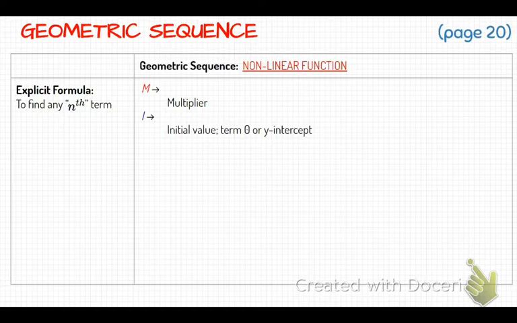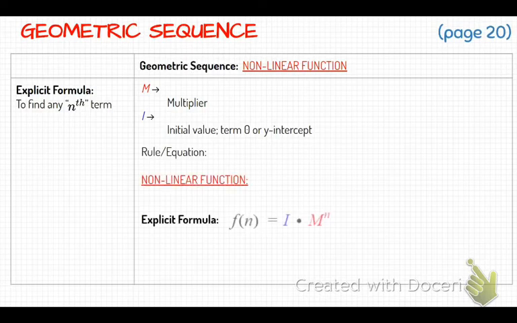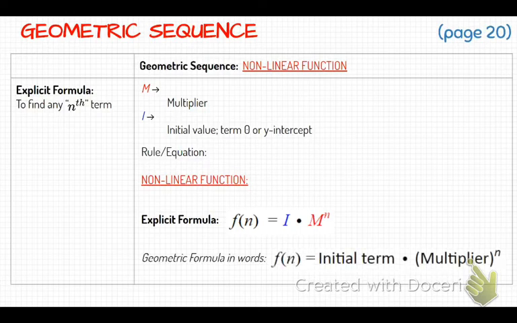Arithmetic and geometric, we're looking for the same things. The equation is just different. So for this geometric, it's nonlinear. Our explicit formula is I times m to the n power. In words, that would be initial term times multiplier to the n power.